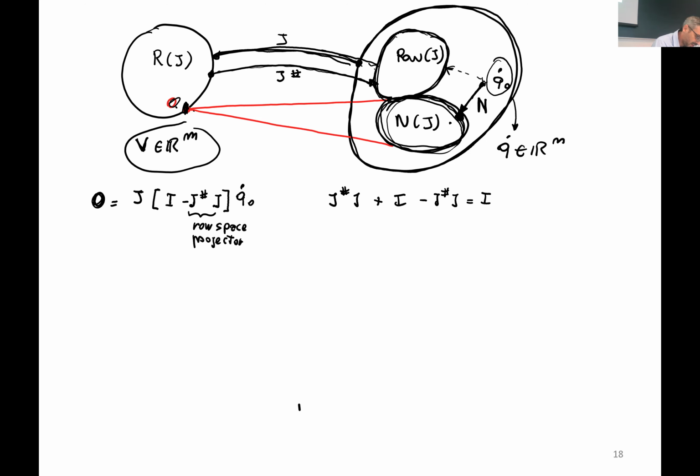And the row space projector is something that does like this. If you multiply some Q dot, whatever, that might have a null space component, times the row space projector, you see that you go from Q dot, you go through J into the range space. And then through J pseudo inverse, you go to the row space. So you're sure that even if you have a null space component, it will be filtered out and you will be in the row space.